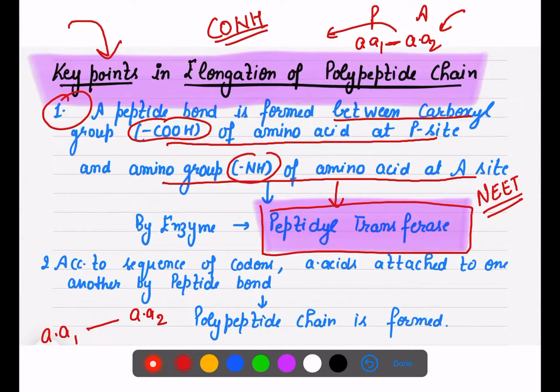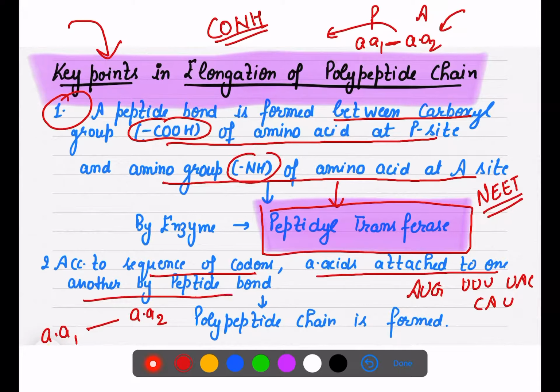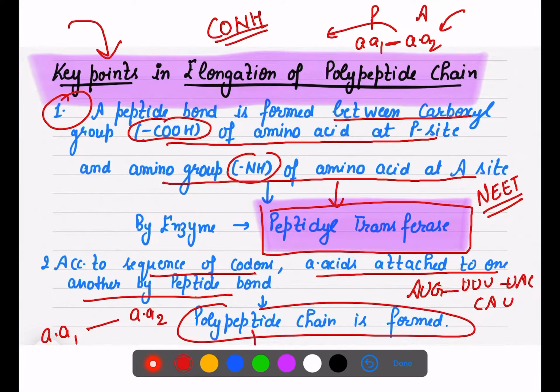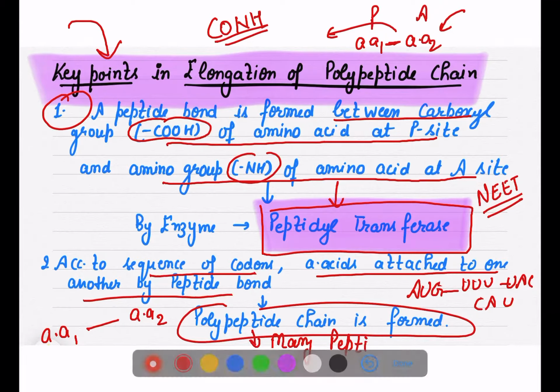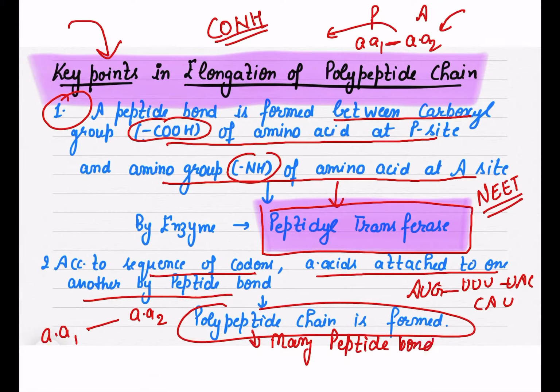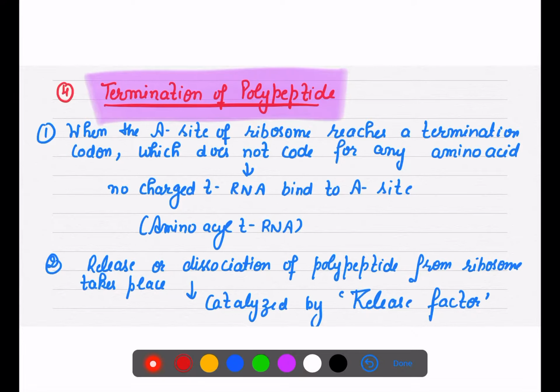According to the sequence of codons like AUG, UUU, UAC, CAU, amino acids are attached to one another by peptide bonds and a polypeptide chain is formed. Polypeptide means formation of many peptide bonds. In the last there is termination. There are three sites, E, P, A, in the larger subunit.